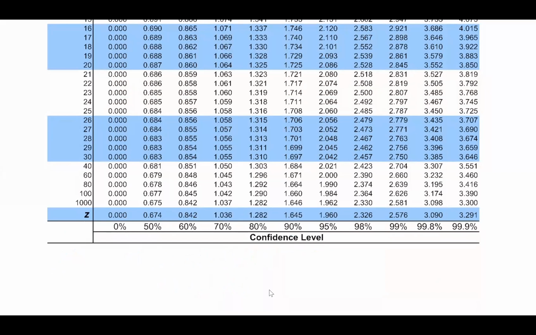All right. Here's the 90% confidence level, and right above it is 1.645. So Z alpha divided by 2 is 1.645. Everybody get how I found 1.645?